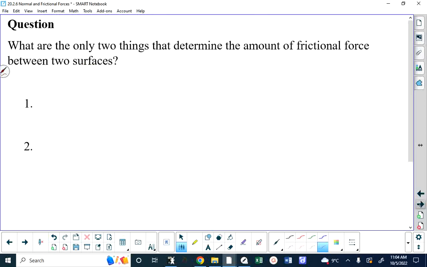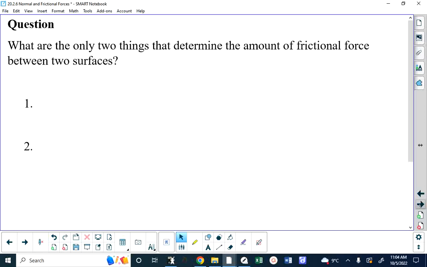All right, here is a difficult question. At least one of these you know, but one of them is not something that you would think it is. I'm telling you that when I have two objects, let's say that 3-hole punch and this desk, the force due to friction between them depends on only two things.